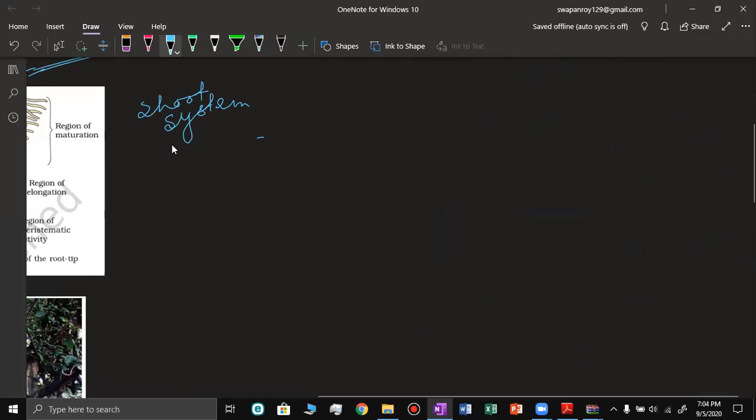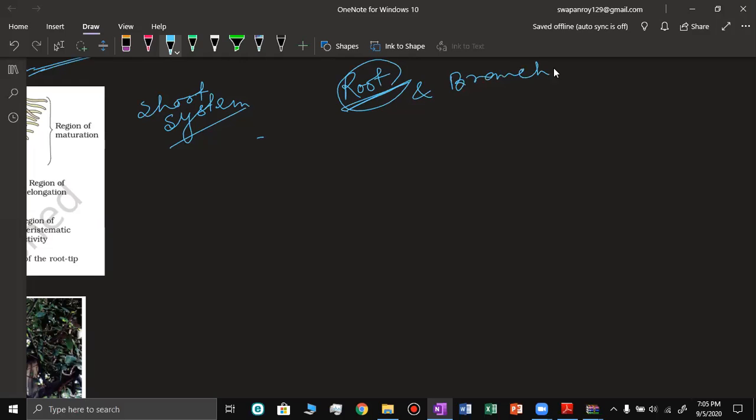So there is a shoot system, and underground there is a root which helps in anchorage, and the root and its branches form the root system.